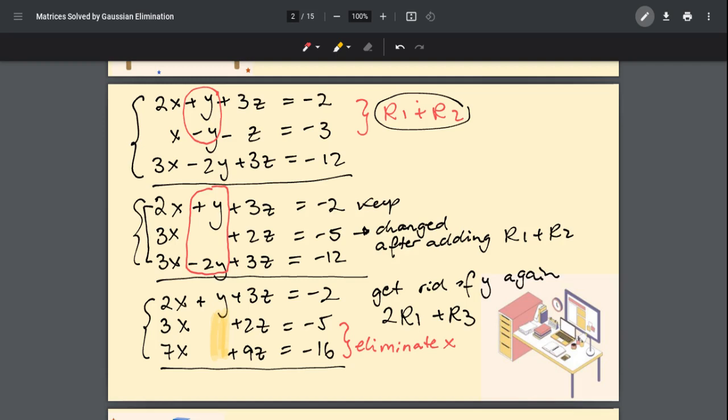To eliminate x, I will have to multiply the top by 7 times 7, side thought, and that times -3, let's say. Or multiply the top by -7 and the bottom by +3.